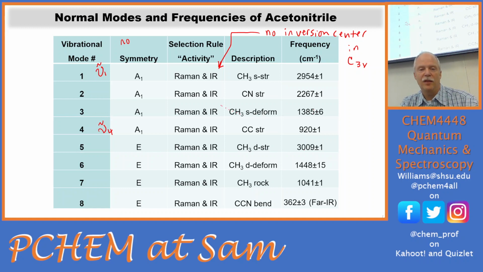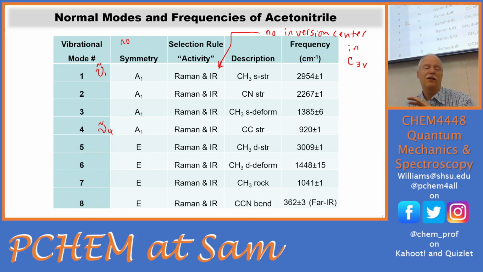And so all of the A1s here are grouped together, mode 1 through 4, and you see it decreases in frequency. And then we go back up for the E modes, the perpendicular bands at nu 5, and label all of those high to low. So that was the original scheme for labeling, but it got really confusing because you couldn't tell if nu 3 or nu 4 or whatever was supposed to be, in general, a low frequency or a high frequency, and it just depended on the symmetry of the mode.